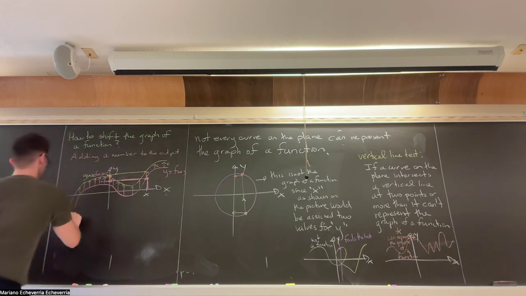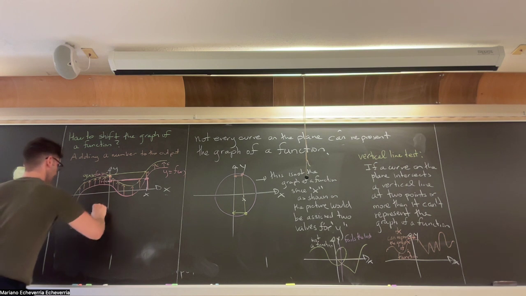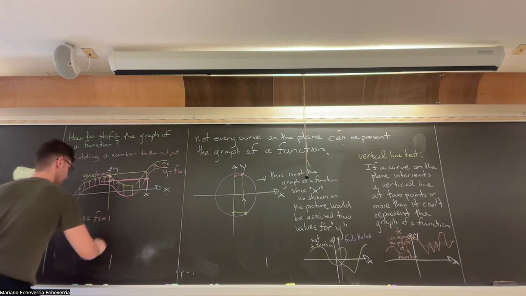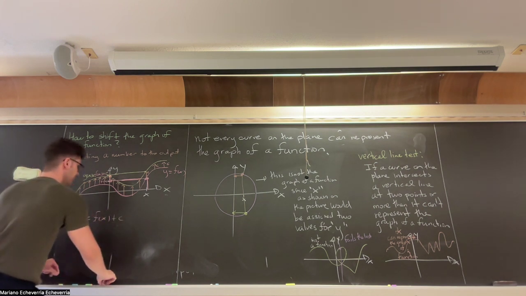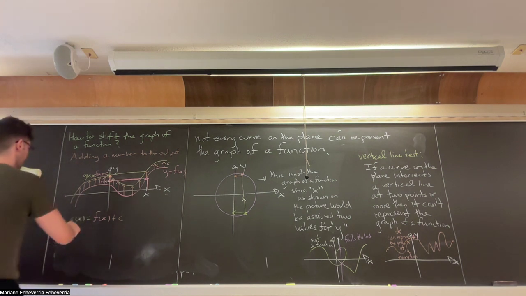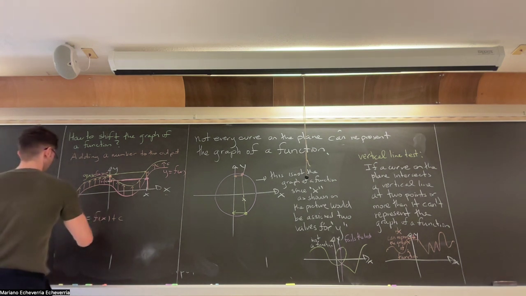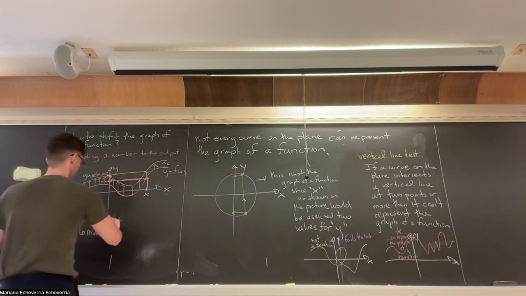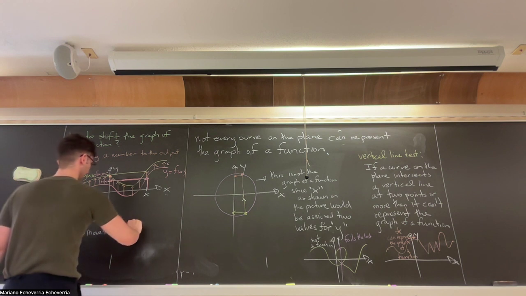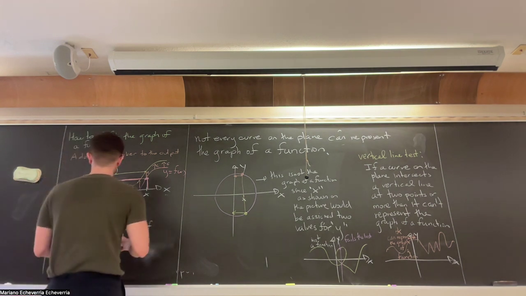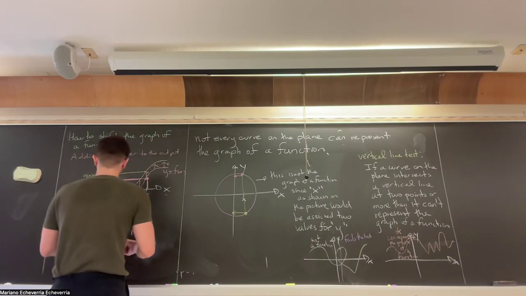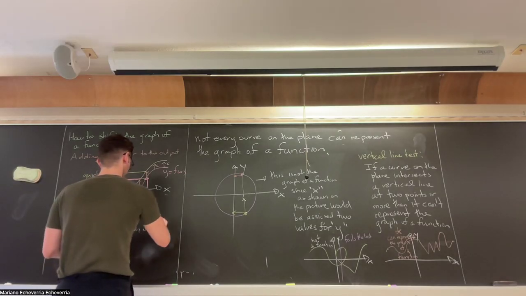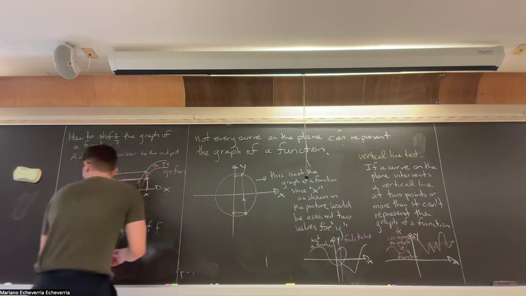So g of x, which is f of x plus c. What that does is move the graph of f up by the amount c.